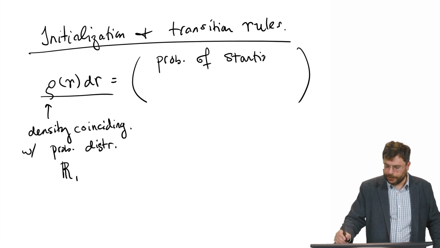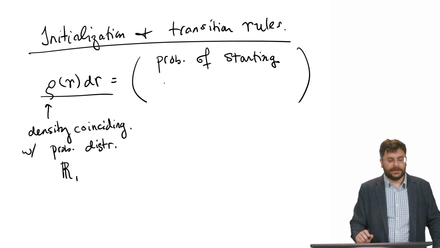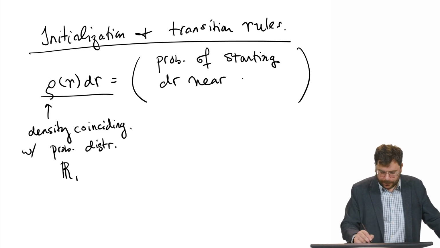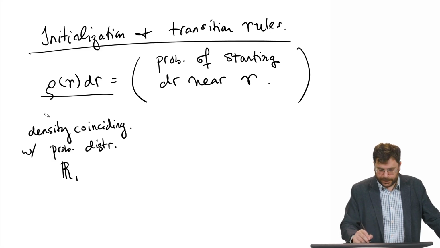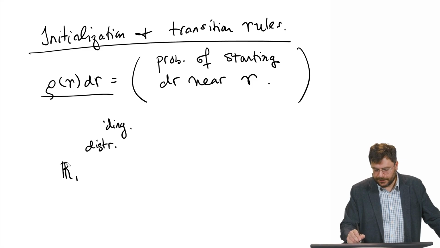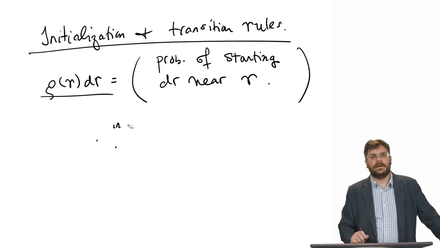So the way I interpret this here is to simply say that this is the probability of starting some dr near R.